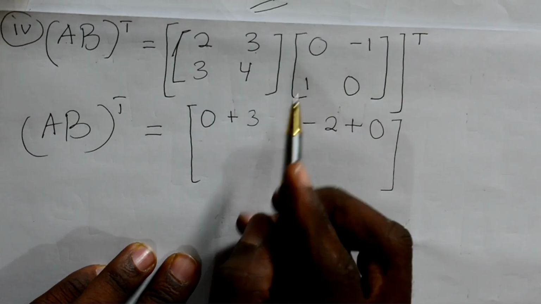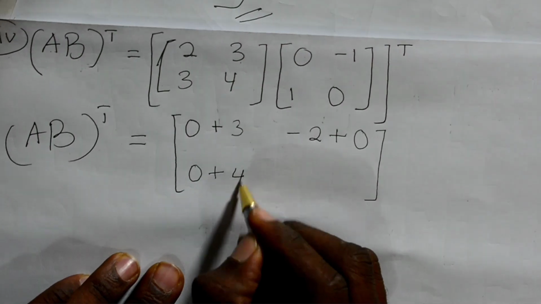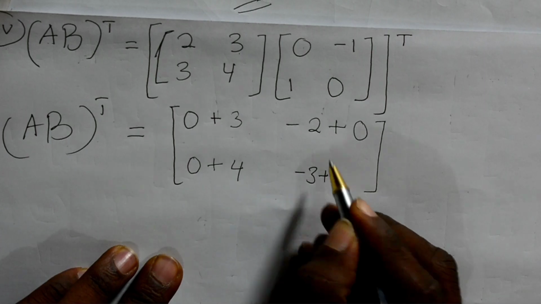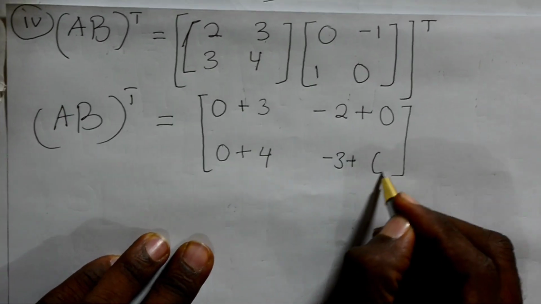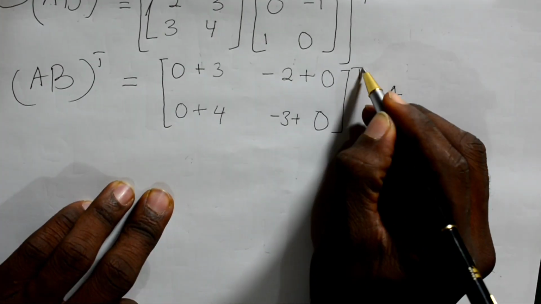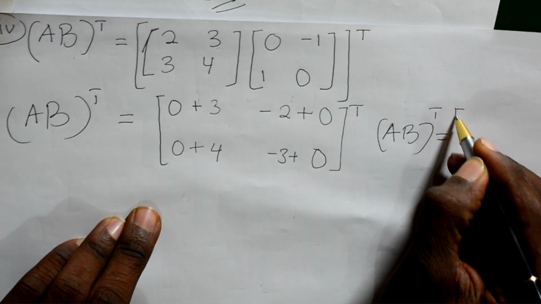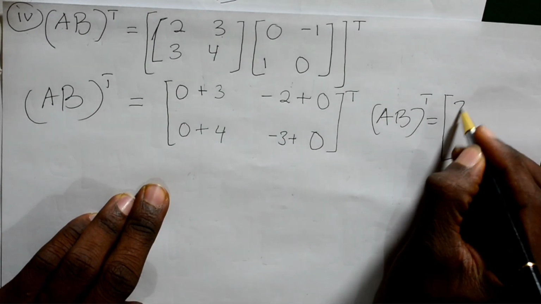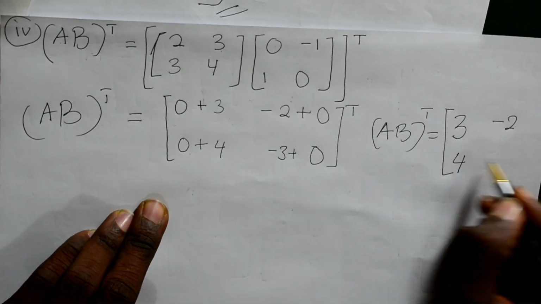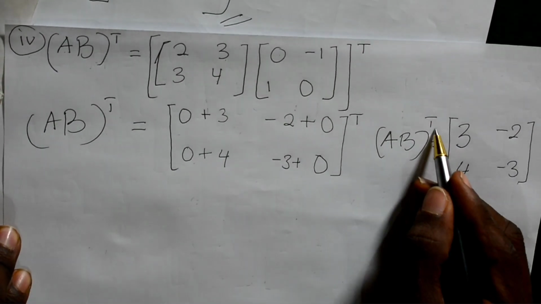Then 3 times 0, 0 plus 4 times 1, 4. 3 times minus 1 minus 3 plus 4 times 0, 0. Then now (AB)ᵀ will be equal to 0 plus 3, 3, 4, minus 2, and minus 3, all transpose.